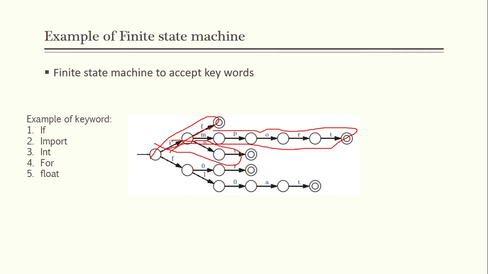They will scan each of these characters, like if they scan from I to F, does it end in the accepting state? If yes, then no syntax error. But if it ends in a non-accepting state, then it will say there is a syntax error. For example, let's say I change it to IFR.